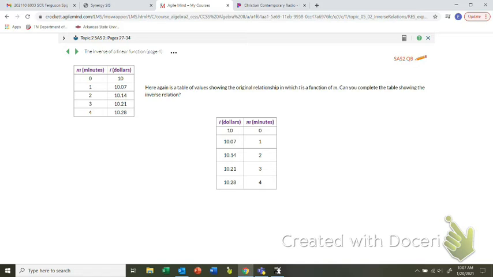So now you don't need your Agile mind anymore if you're following along. Okay? So, we're going to start with number 17.